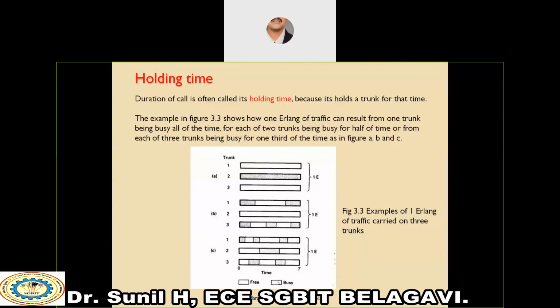According to North America, 1 hour is equal to 36 CCS. Again, in telecommunication specifications or networks, we have two specifications: one formed by the British, and one more by North America.